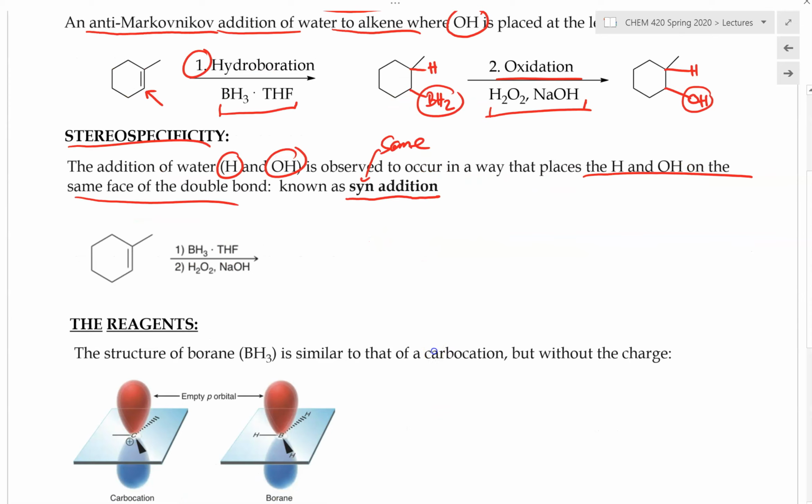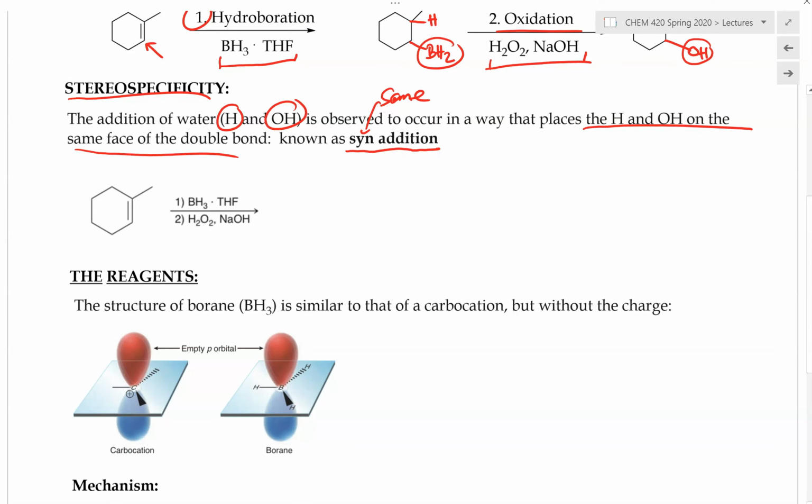Here, if we draw the product of this reaction, we would obtain the following. Again, the hydrogen is added to the more substituted carbon, and the OH group is added to the less substituted carbon. And here, they are both pointed on the same side of the double bond. That's the meaning of this syn addition.